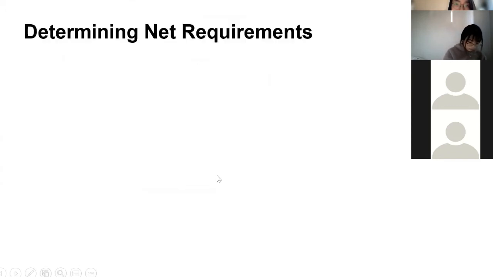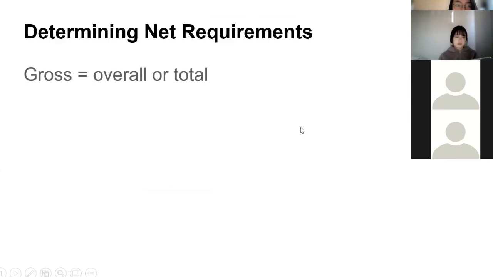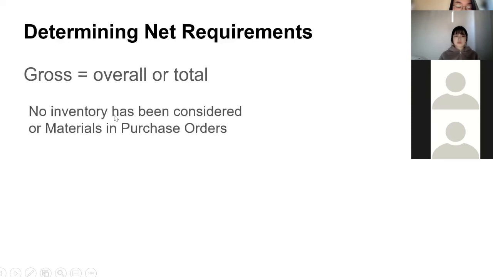Okay. Net requirements. So far, we have talked about gross. Gross is the overall or the total. When we say net, we are trying to figure out whether we need to account for or deduct the inventory.